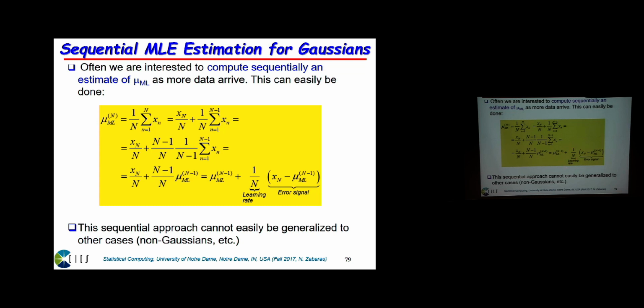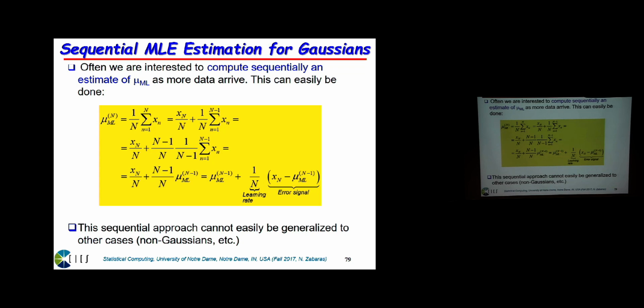And for those who work on stochastic optimization, deep learning and things like that, this looks like a learning rate, right? So you compute the error as the new data point arrives, and then you use that learning rate and the error to improve your estimate.